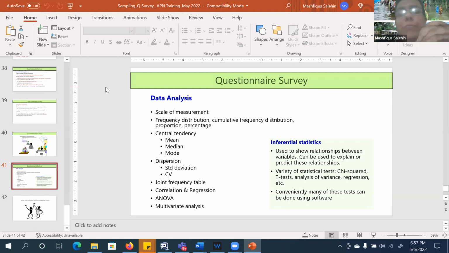There are different ways to do it, and different software like SPSS or Stata that you can use.